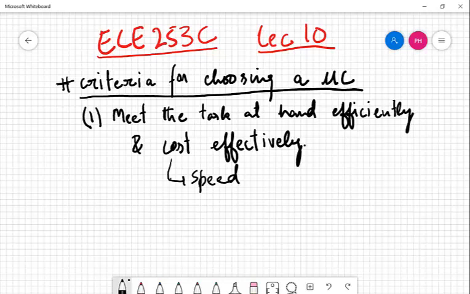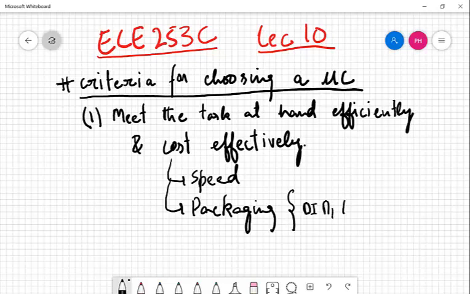We also check its packaging, in what package it comes. Last time I discussed what I mean by packaging. Packaging means whether it comes in a dual inline package, a quad flat package, or whether we have an SMD package for it, and other things.